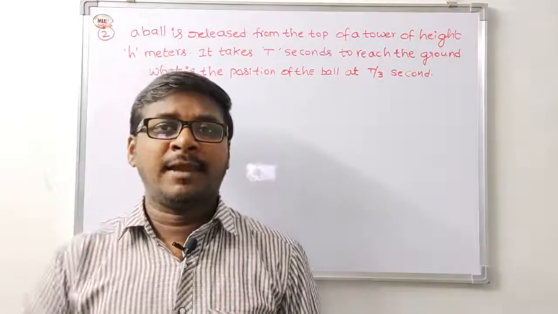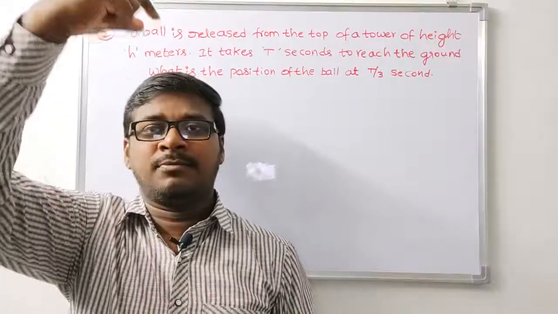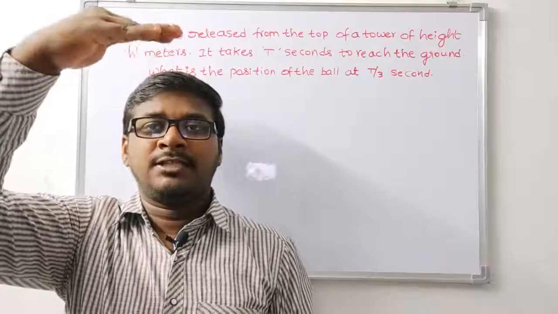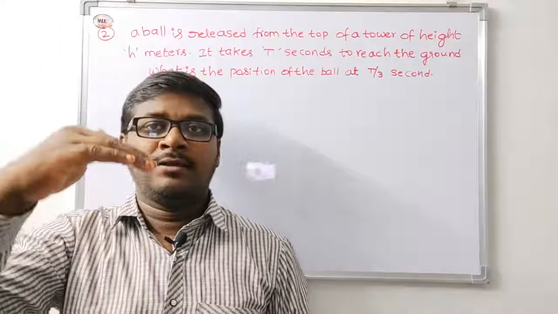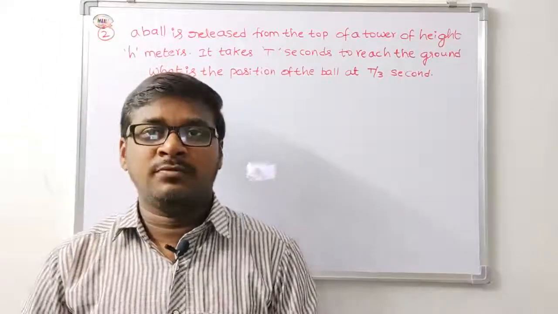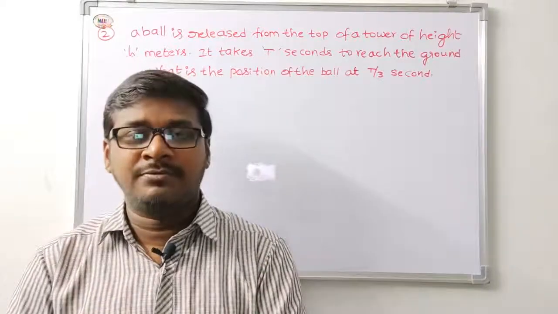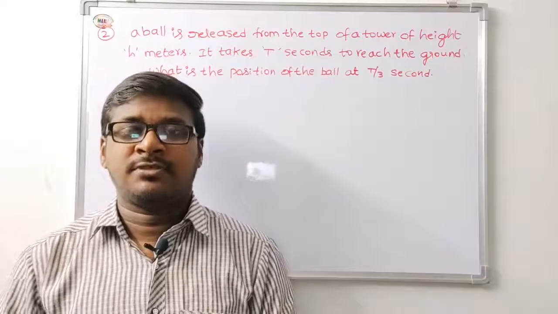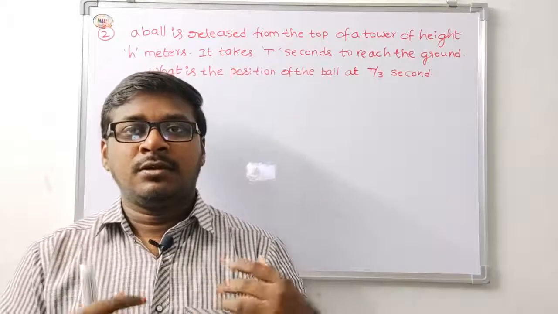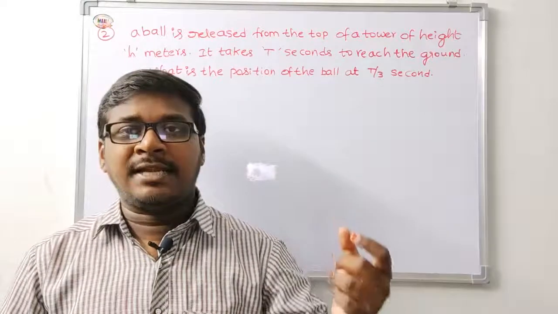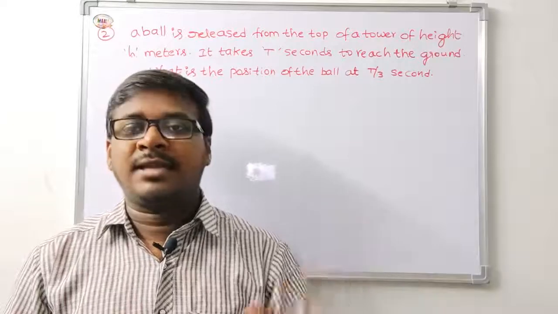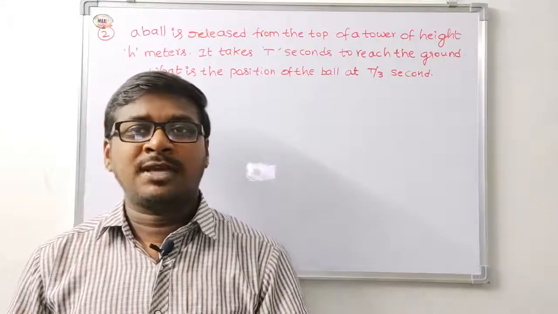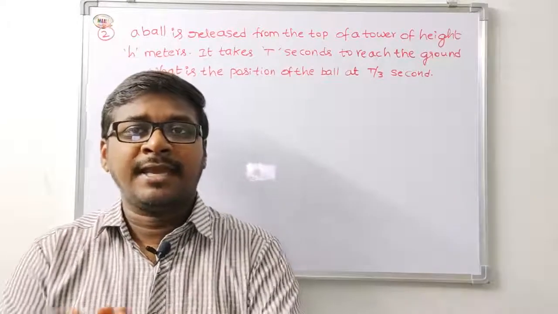In this problem a ball is freely falling. In this freely falling case, the initial velocity is 0, that is u is equal to 0. The height of the tower is h, and the time taken to reach the ground surface is t.